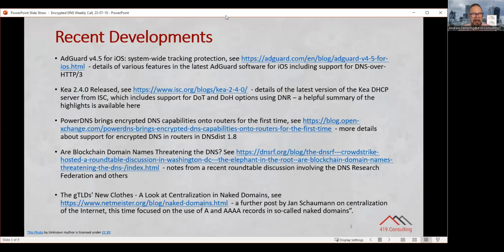some quick news updates, which topically you'll see completely by coincidence. AdGuard, to its credit, I think AdGuard put out very interesting blog posts on a regular basis, and I noted that the most recent one, amongst other things, talked about support for DNS over HTTP as an experimental feature in the latest release of the software for iOS, which I know, Boris, you and I were chatting about just before the call.